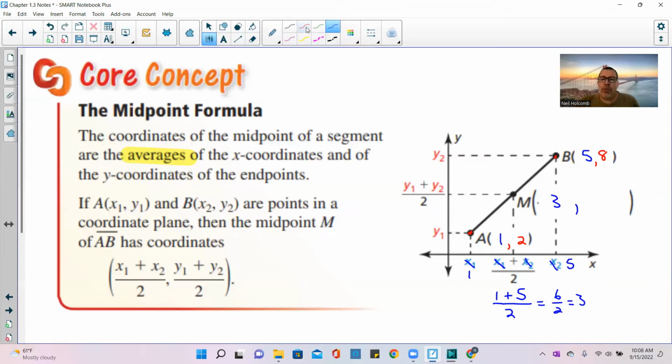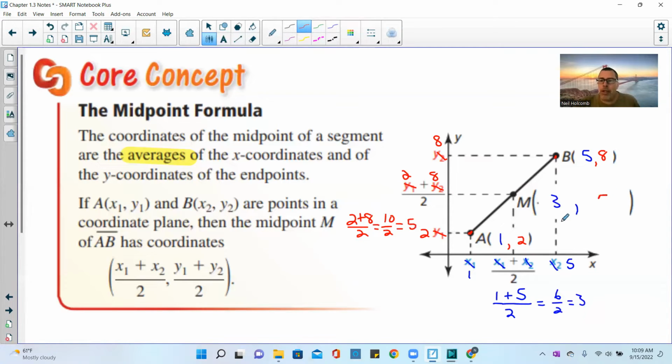I'm going to do the same now with the y's. So y1 is the y value of my first point, A, and that's 2. And my y2 is the y value of my second point, which is 8. So 2 plus 8 over 2 equals 10 divided by 2, which equals 5.